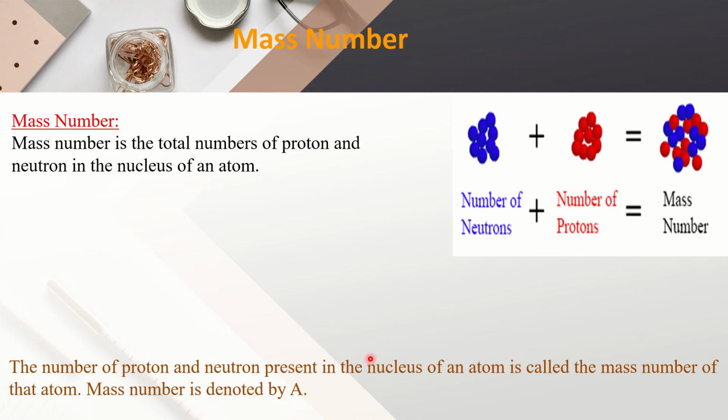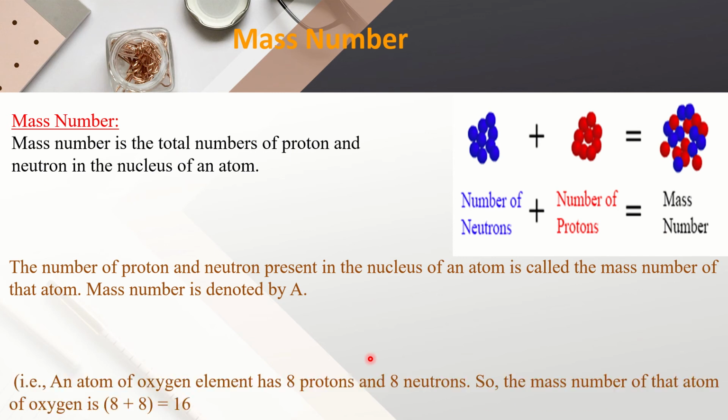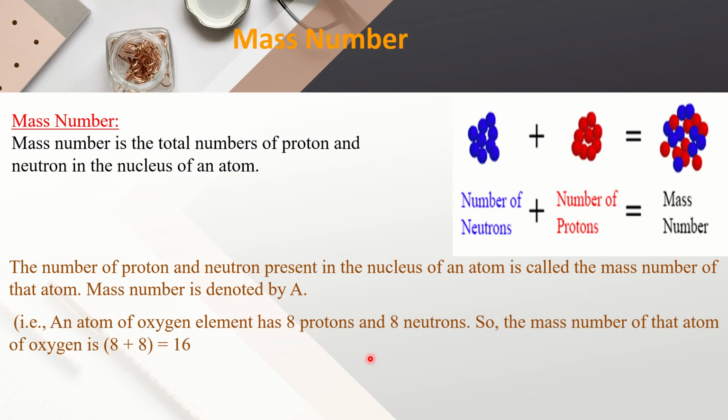So the number of protons and neutrons present in the nucleus of an atom is called the mass number of that atom, and mass number is denoted by A. For example, oxygen has 8 protons and 8 neutrons in the nucleus, so its mass number is 16.